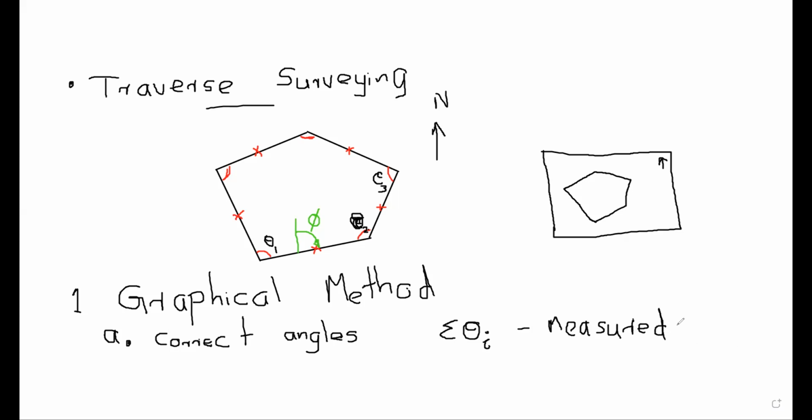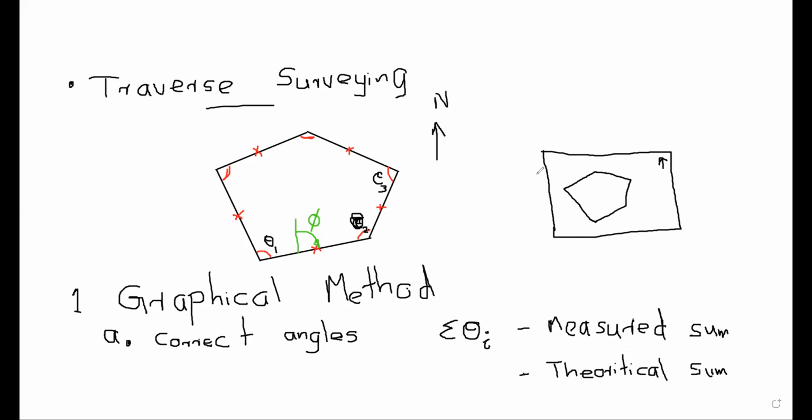To compare it, you have to have some standard value. Then only you can compare and check the error. Here also we have something called the theoretical sum. What is theoretical sum? The theoretical value, the correct value.